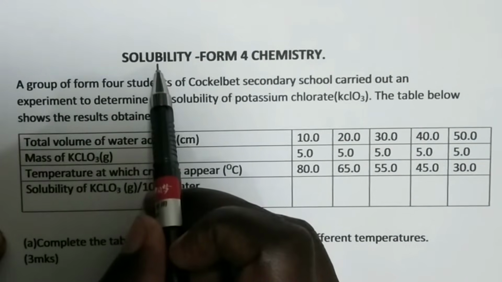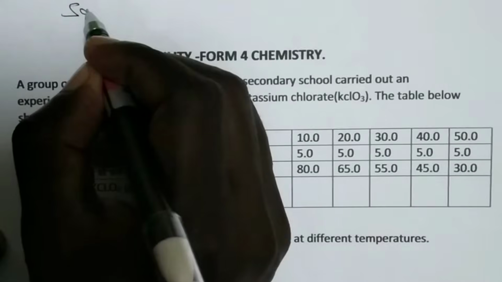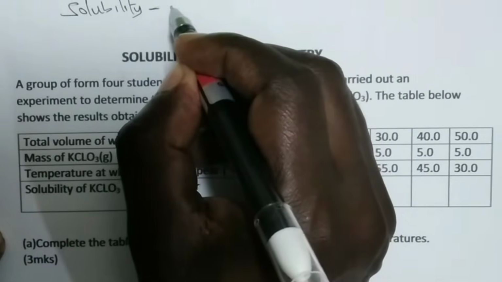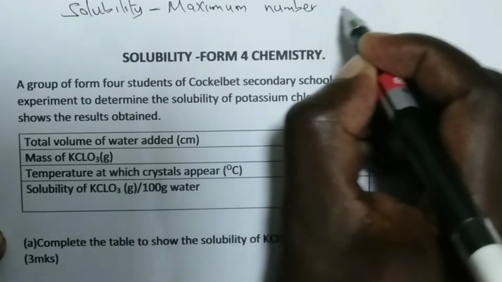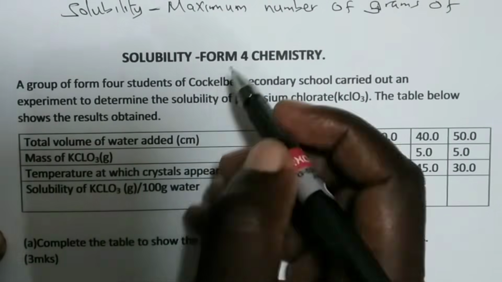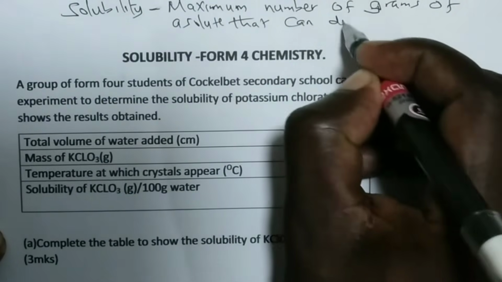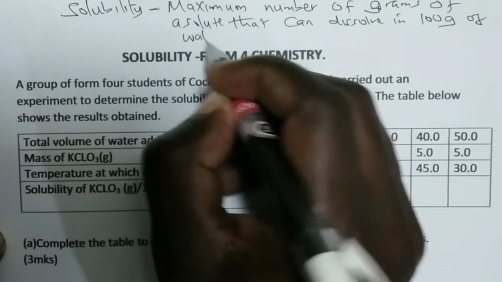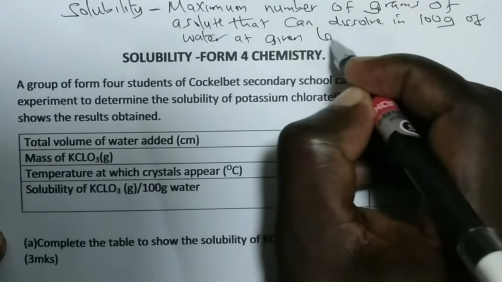Today we are going to look at a subtopic, solubility, and solubility can be defined as the maximum number of grams of a solute that can dissolve in 100 grams of water at a particular or at a given temperature.